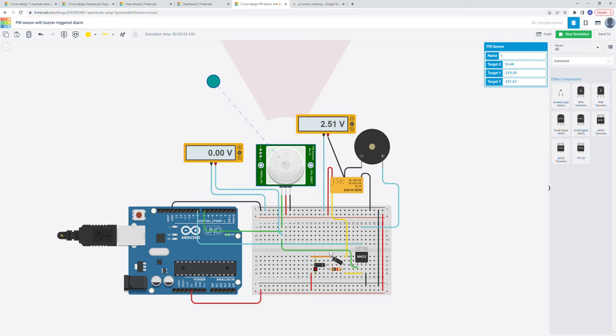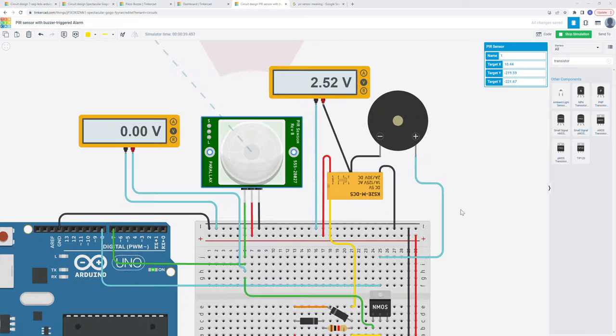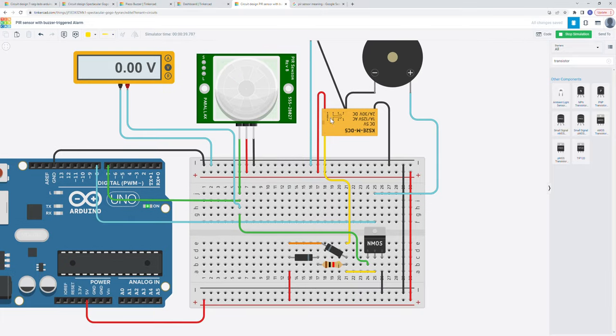The functionality of these devices, the diodes and the resistor, is to make sure that once the NMOS transistor is disabled, the current that flowed through the coil, through the inductor here at the relay, has a path.